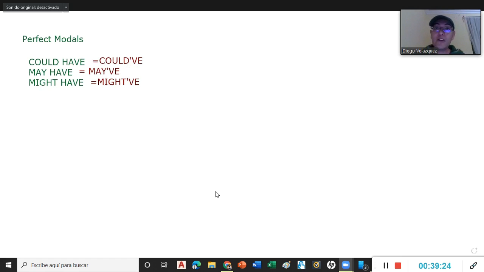Keep in mind that even if it's not contracted, the pronunciation of these perfect modals is always as if it really was in contraction, okay? So separated or with contraction, the correct pronunciation goes like this. In the case of the first one, the correct is could have, okay?